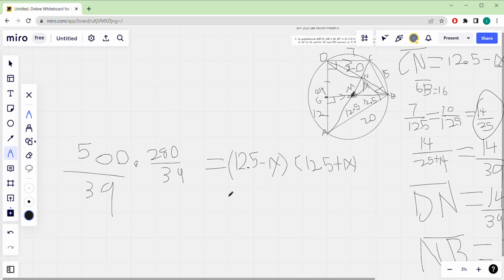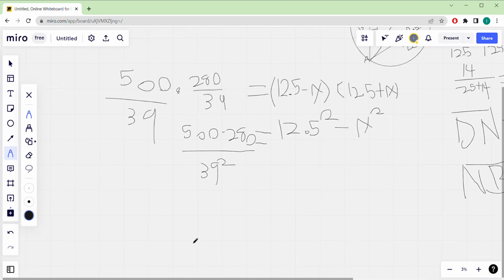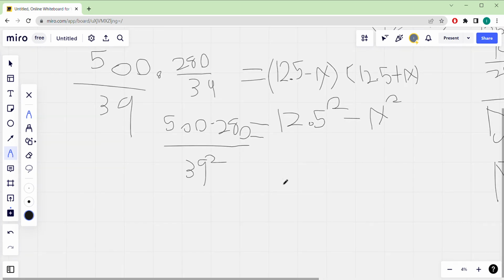We get 12.5 squared, because this is the difference of two squares, minus x squared is equal to 500 times 280 over 39 squared. And we can just, I guess, solve for x now.